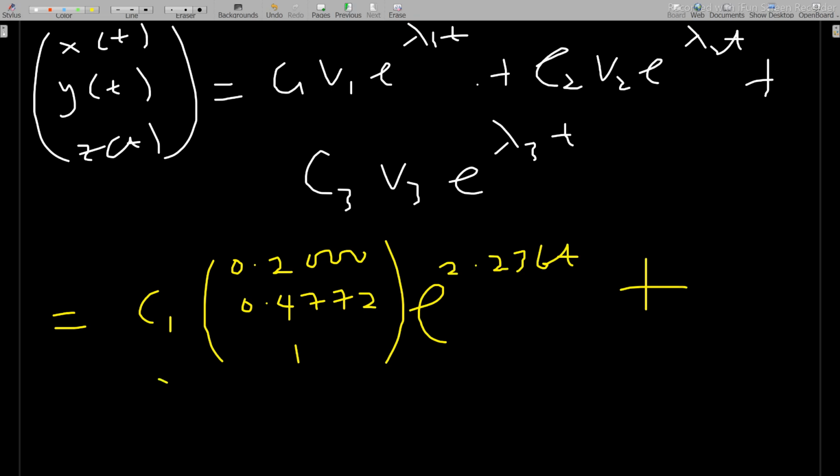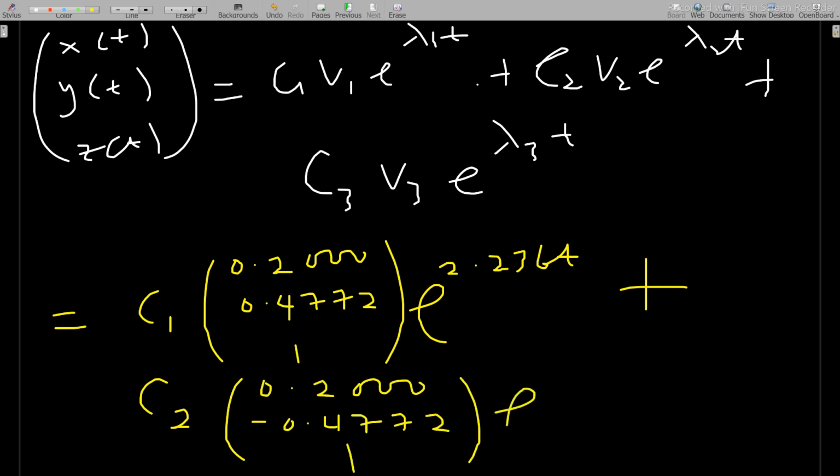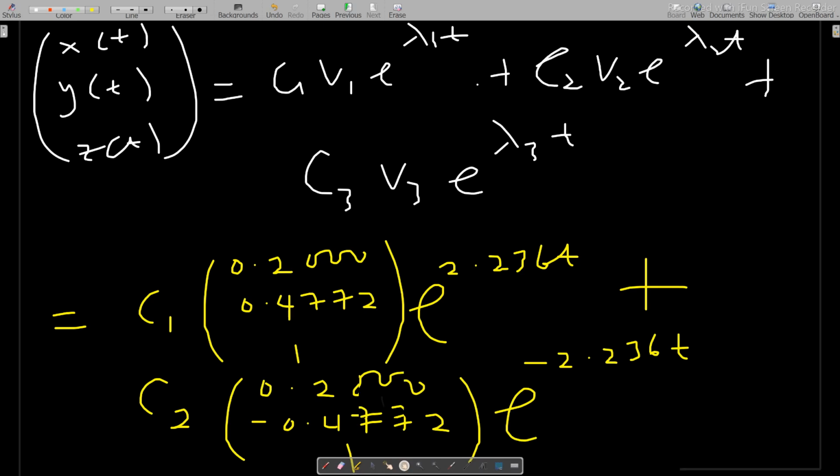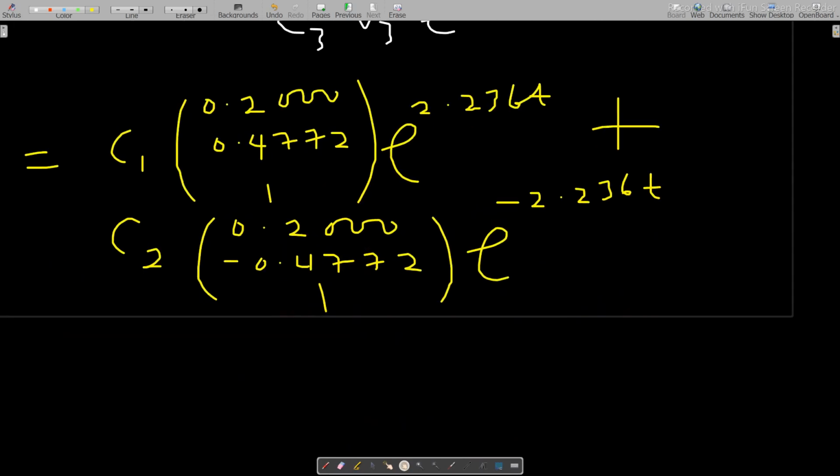like this. Then go to c2, then 0.2000, negative 0.4771, e to the negative 2.236 t.